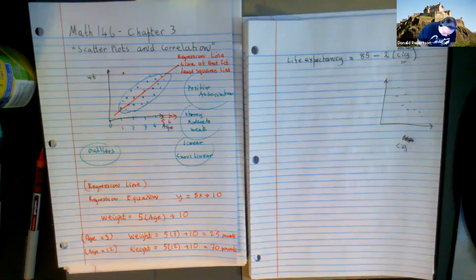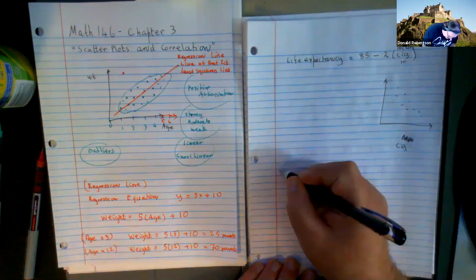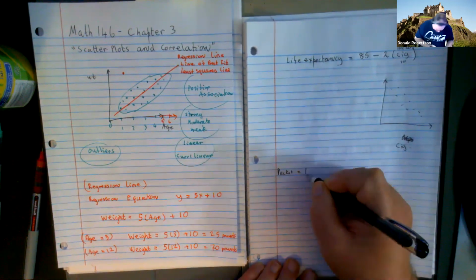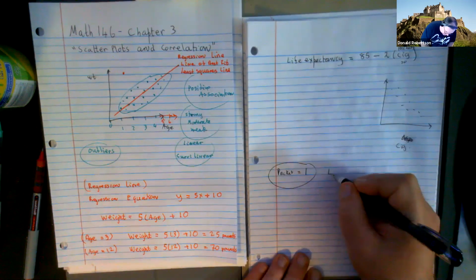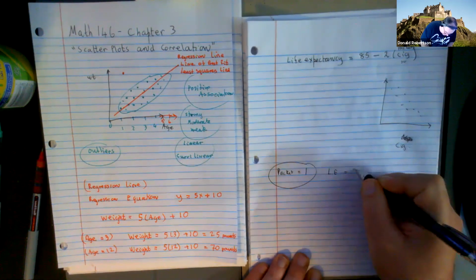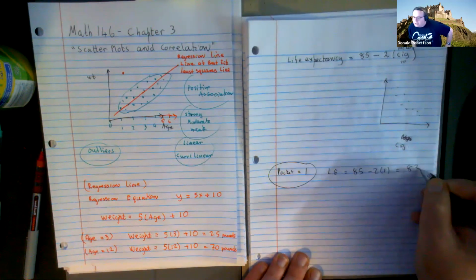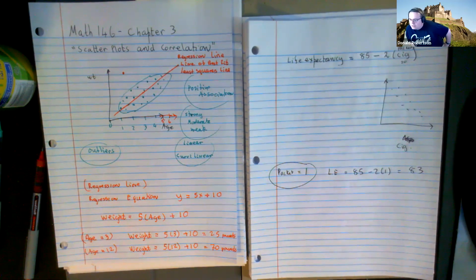And doesn't that mean that the more cigarettes you smoke, the less you're likely to live? So if this was a true story, and you found someone who smoked 1 pack of cigarettes a day, then their life expectancy would be 85, take away 2 times 1. They would, on average, live to 83. Not that every one of them lived to 83, right? Some get killed by a bus when they were 70.